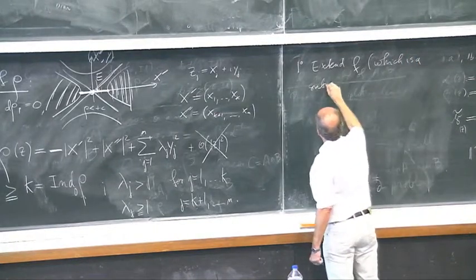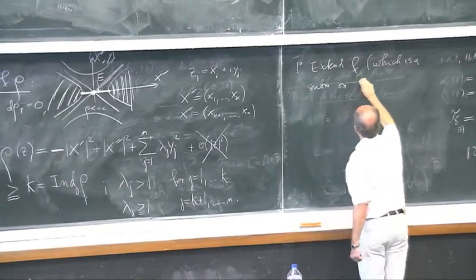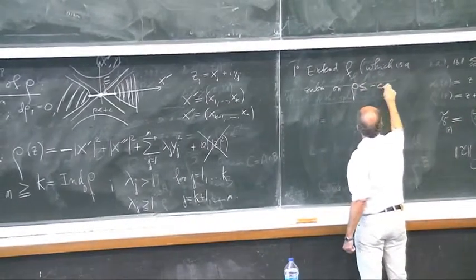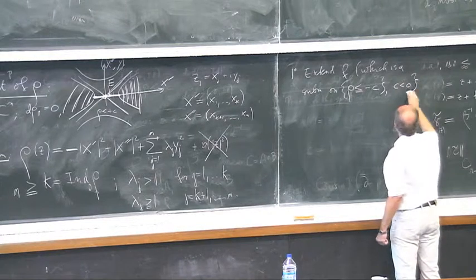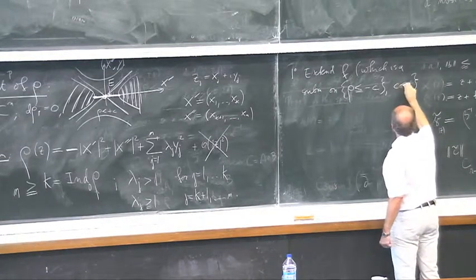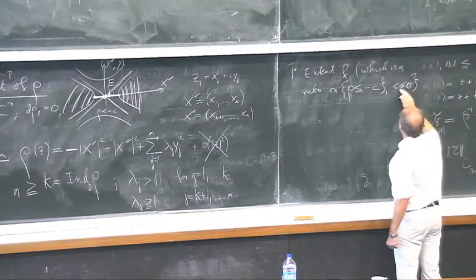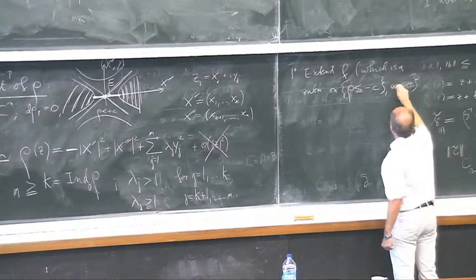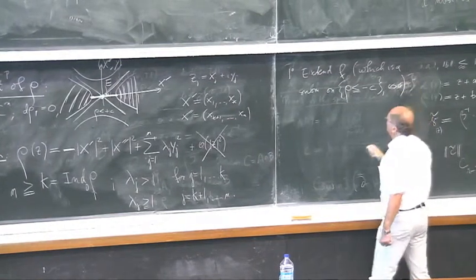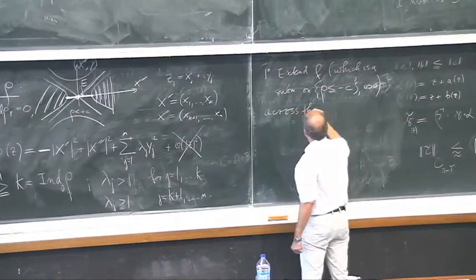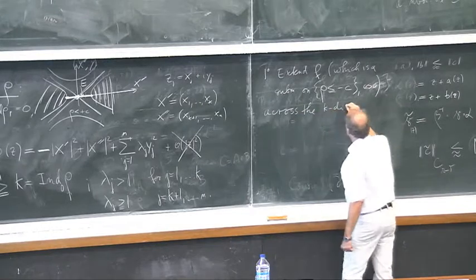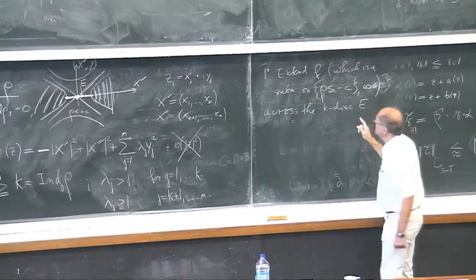submersion on rho less than or equal to minus C, for some C positive, across the K disk E. And this disk is totally real.